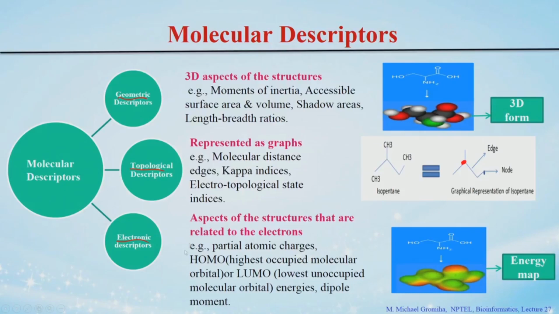You can graphically represent it. Then you can also get electronic properties, because these properties are also important to define the activity. So, you can get the energy map; some regions are green, meaning they are accessible, and the red ones have high energy. You can calculate different molecular orbital energies and dipole moments for any compound.